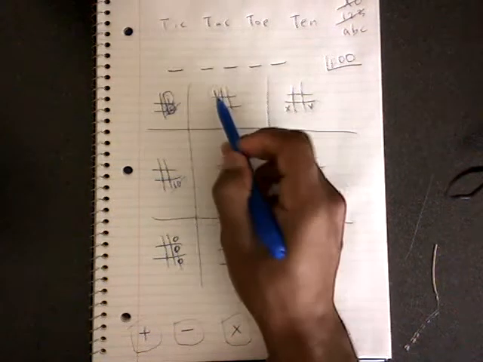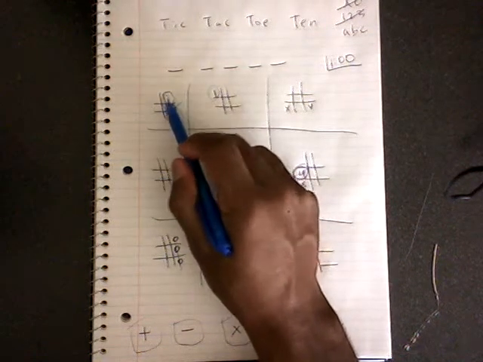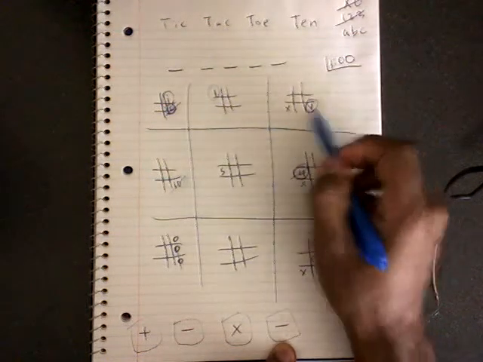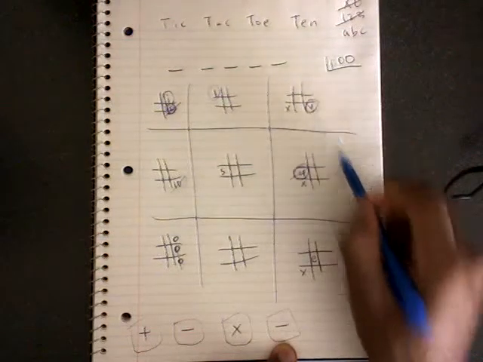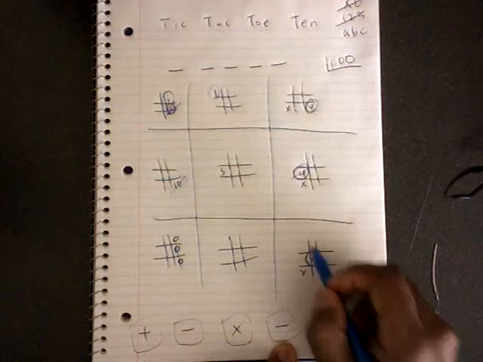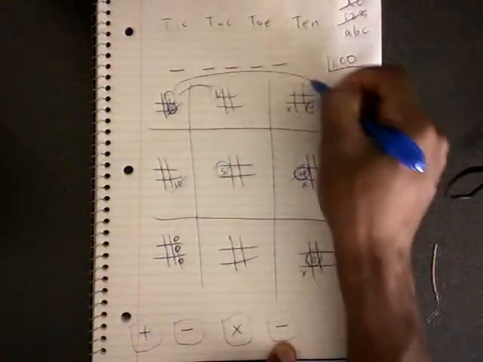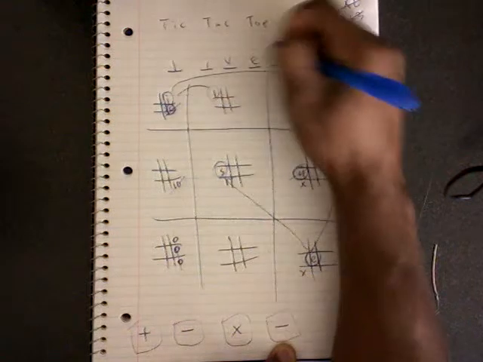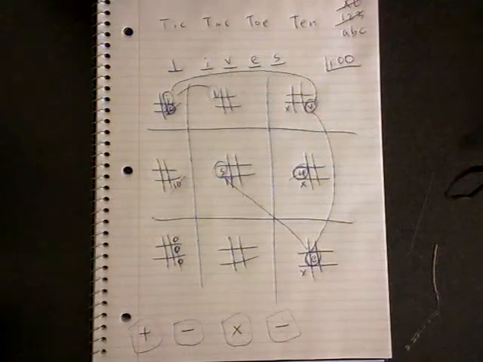Starting with L, we've got I. That one sends me over to grid 3. We've got V. Okay, L-I-V sends me down to 9. L-I-V-E sends me to the center. L-I-V-E-S. We've got lives right there.